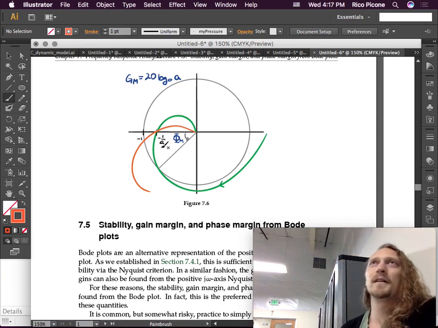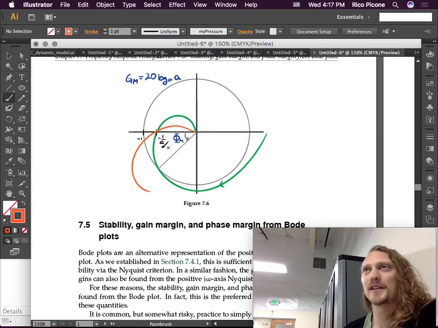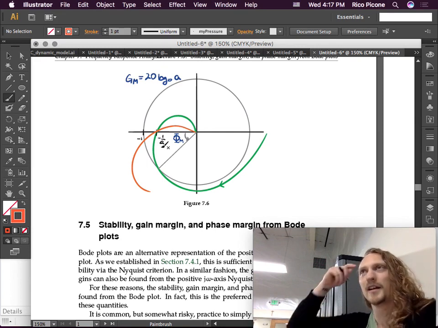When we start doing some more controllers, you can affect gain margin and phase margin. And they're also related to other time response characteristics, which we haven't really discussed yet, but we'll discuss in the last lecture today.